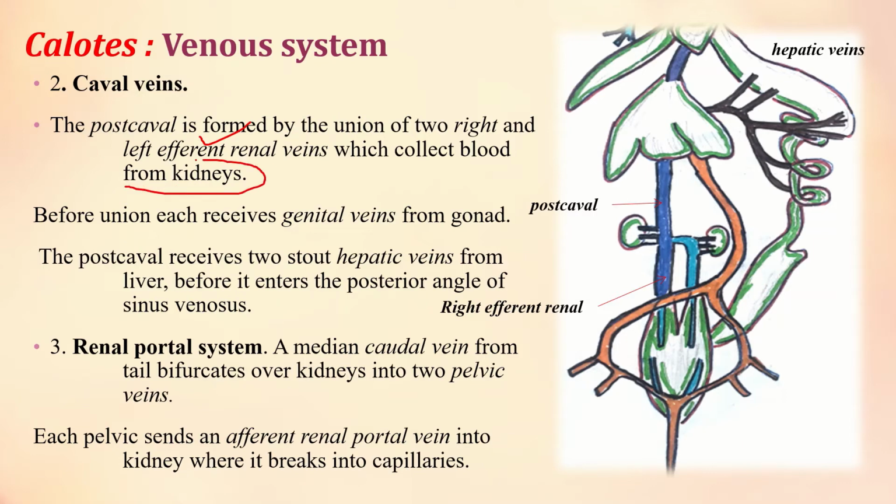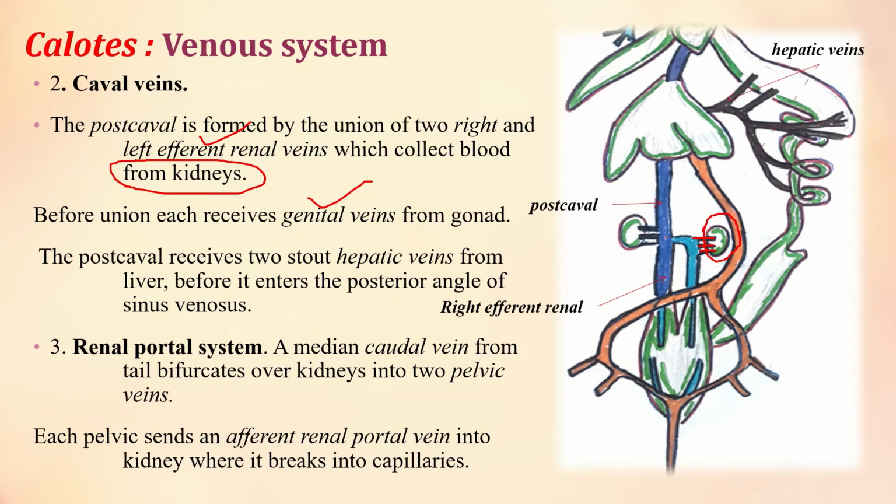The branches of the right and left efferent renal veins collect blood from the kidneys, and these finally open into the postcaval vein. Also, there are some genital veins. This is the genital organ, and from the genital organ, the blood is collected with the help of the genital veins, and these genital veins also connect to the postcaval vein.